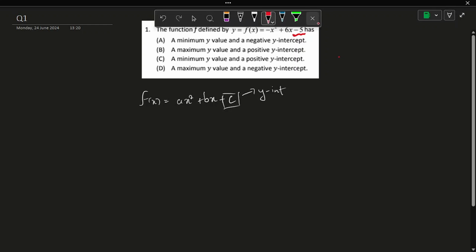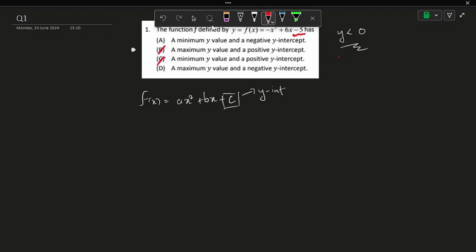So our y-intercept should be negative. B and C have a positive y-intercept, which means B and C are wrong, so we can cancel these out.